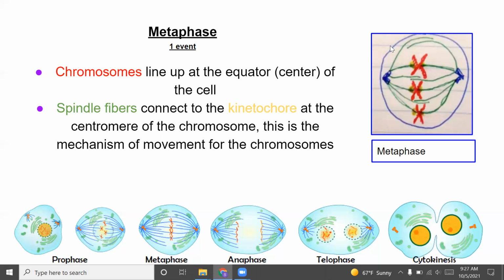This drawing down here is actually a lot better, but the picture will suffice. Then your spindle fibers connect to the kinetochore at the centromere. Probably good to put the mechanism of movement. So yeah, I guess you can't really shorten it too much.